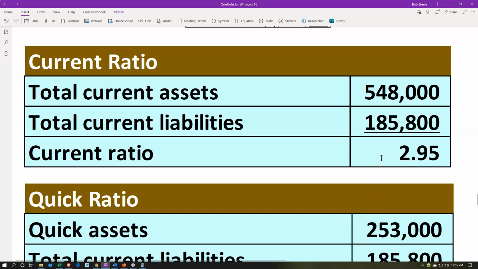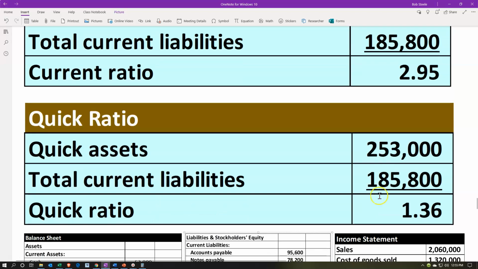Now this ratio will almost always be less than the current ratio, because if we have no inventory, then it might be the same. But if we have inventory, it's always going to be less, and that's the point. It's supposed to be more restrictive, meaning if we took out inventory, we could still pay off the liabilities 1.636 times over, even if we couldn't sell any of the inventory in the next 12-month time period.